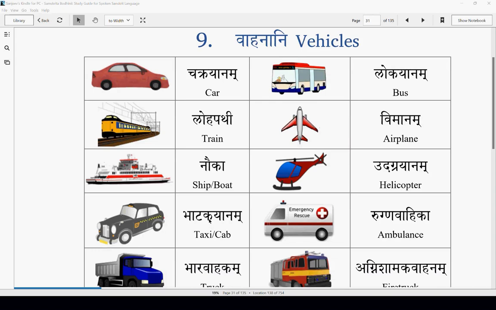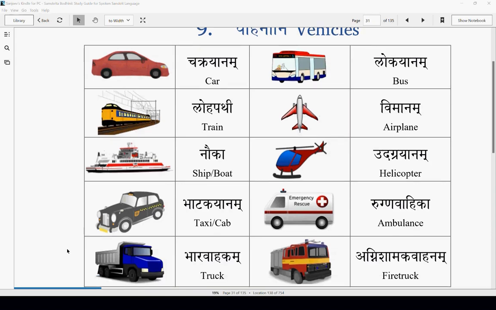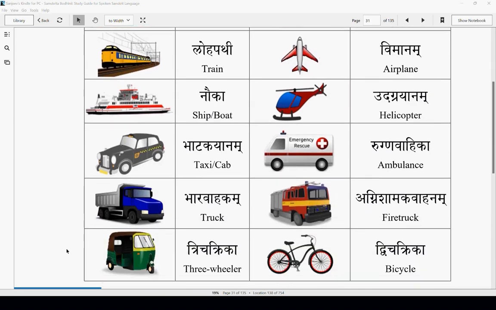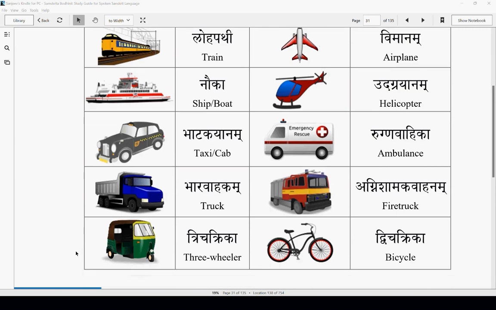Nauka, Bhatakayanam. Bhataka means rent. Bhatakayanam, rental car. Bharavahakam, where Bhara means, what is Bhara? Heavy. Yeah, something that looks heavy.